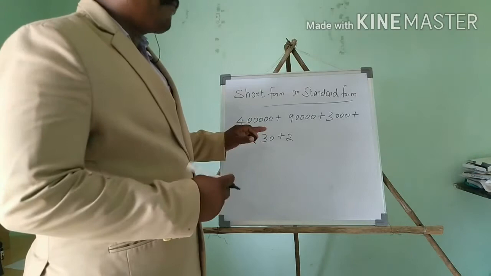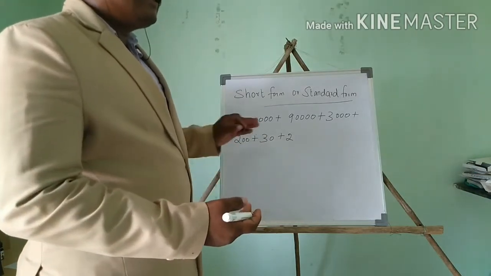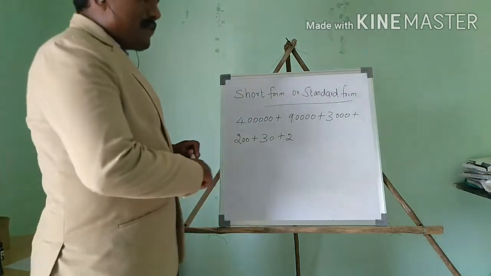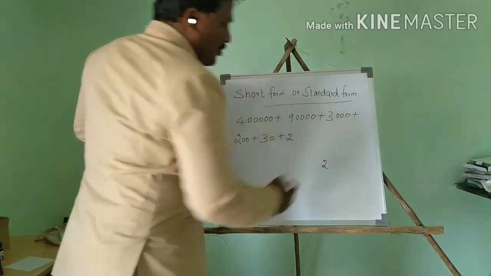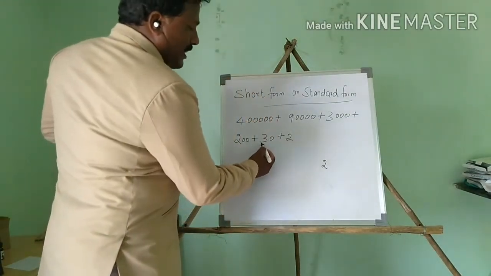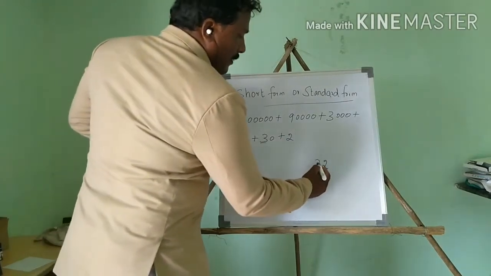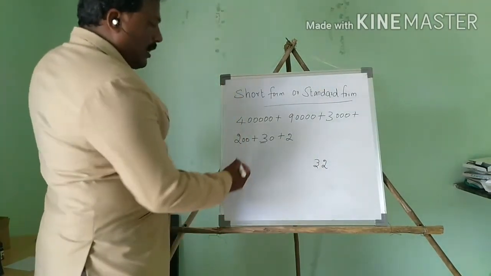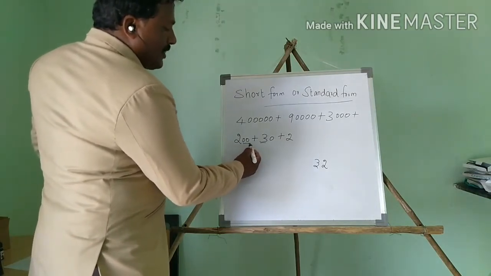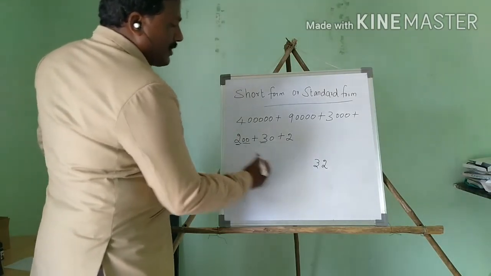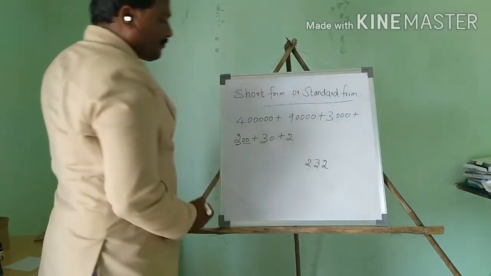So if it is matching, we can directly take the place value numbers. What is the ones place value? 2. Tens place, what's the value? 3. For the 100 place value, ones, tens, 100, leave this 0; take these numbers only. 2.